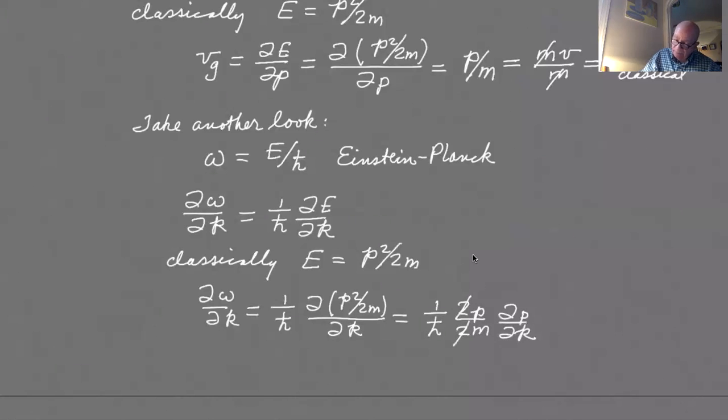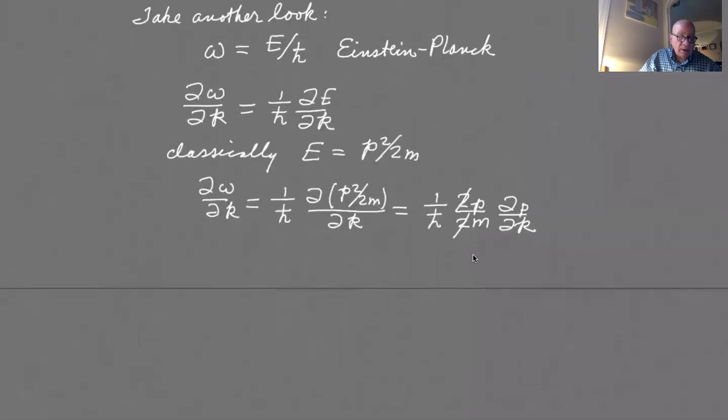The 2's cancel, and that gives us that the change in omega with respect to k is 1 over h bar, p over m, change in p with respect to k.